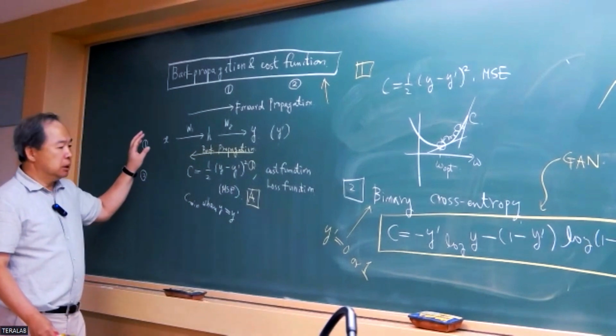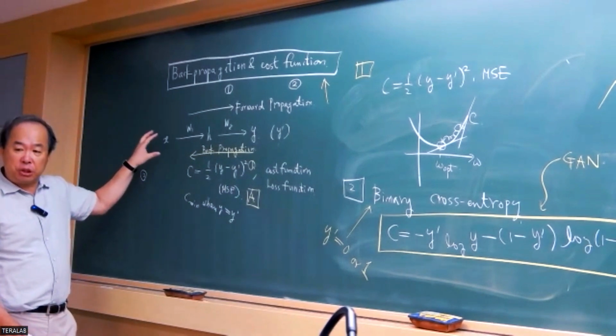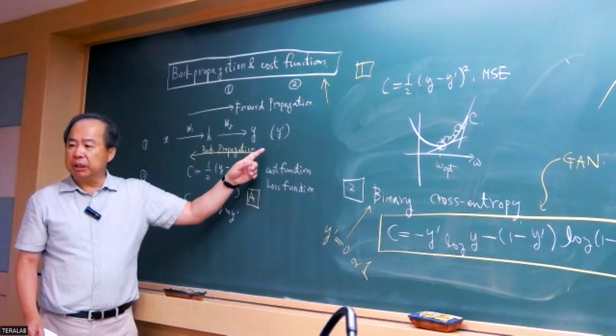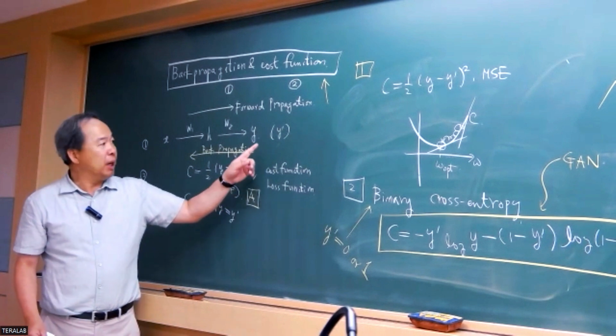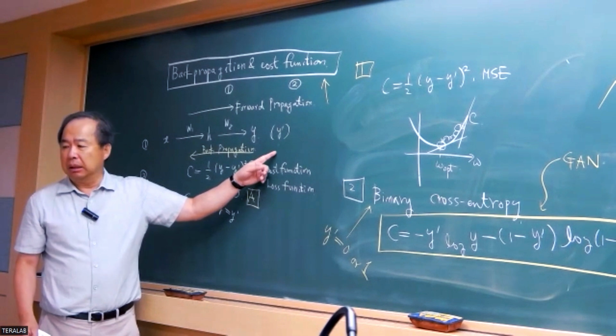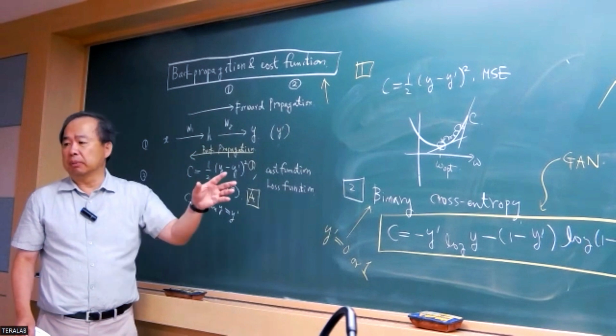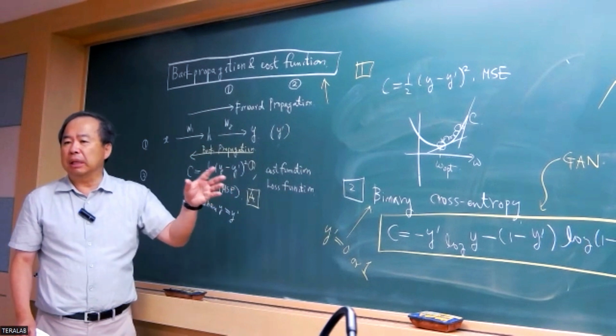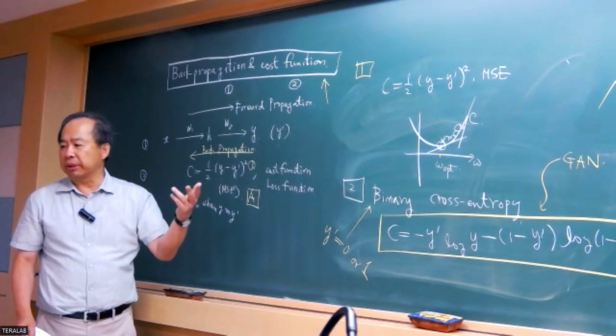If you give an input of a picture, the y dash will tell you whether it is a dog or tiger or cat. That is given by a human, and a human can distinguish whether it is a dog or cat or tiger.